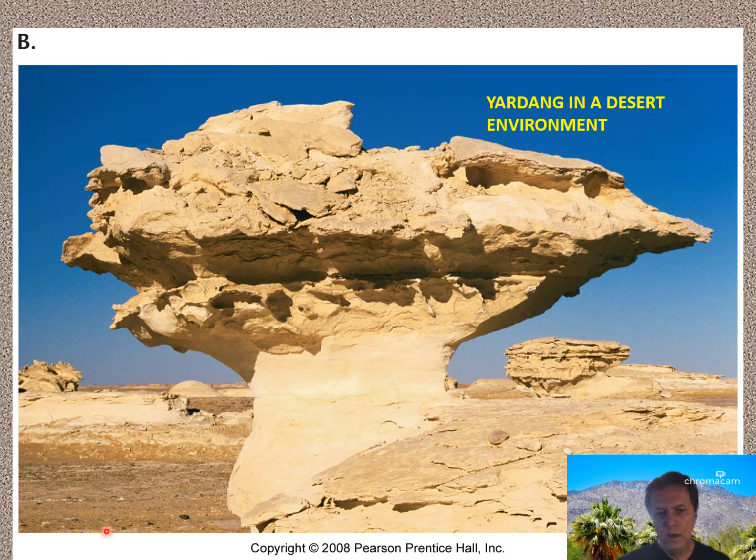This is formed by wind carrying sand, say only a few feet above the ground surface, at high velocity and over a long period of time. Desert winds can be very consistent, very persistent, and actually strip away or sandblast the softer rock, leaving the harder rock on top and eroding away the softer rock. So we have erosion from water, and we have erosion from wind.